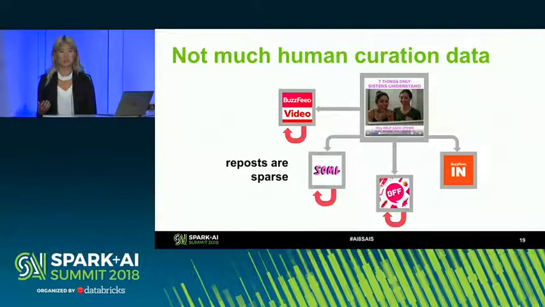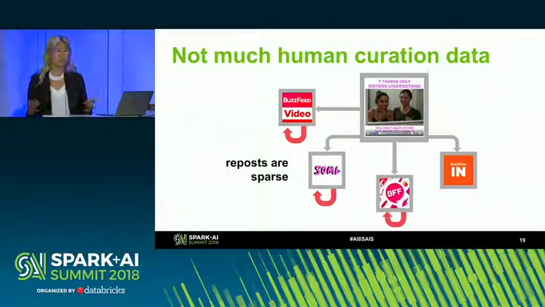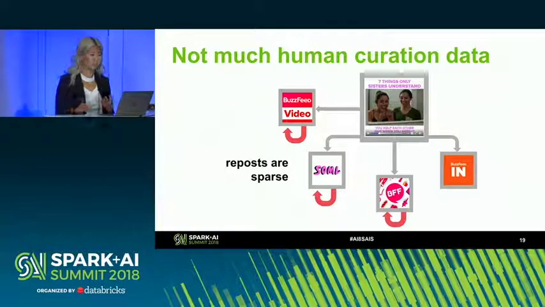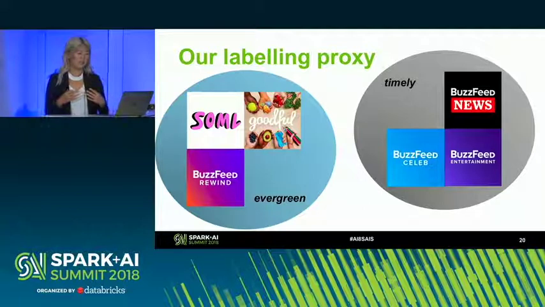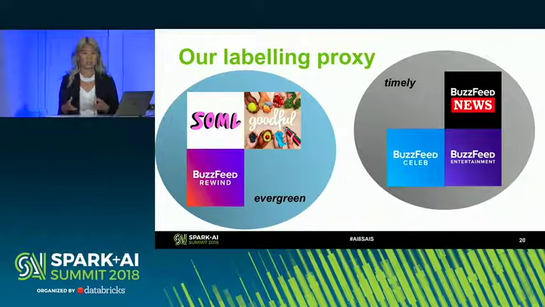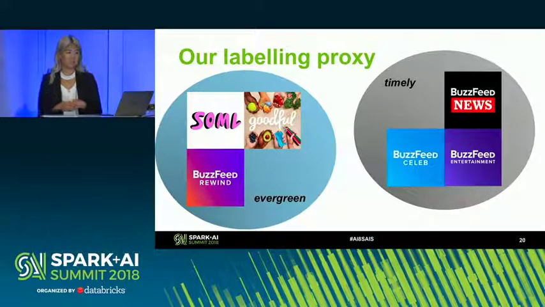We don't have that much equivalent human curation data like we did in the last use case, because reposting behavior is actually pretty sparse. It's something we want to do more of, but it's not something we've done enough of to train a whole model on. So we decided to go with a rough proxy to assemble our training set.